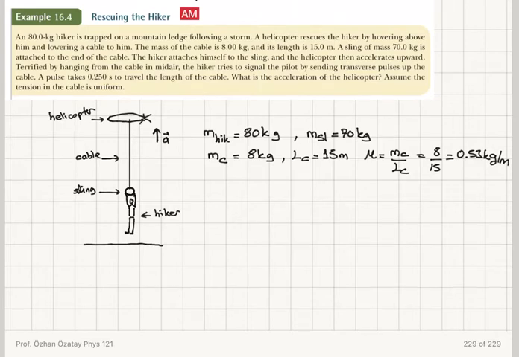The hiker attaches himself to the sling and the helicopter then accelerates upward. Terrified by hanging from the cable in mid-air, the hiker tries to signal the pilot by sending transverse pulses up the cable.